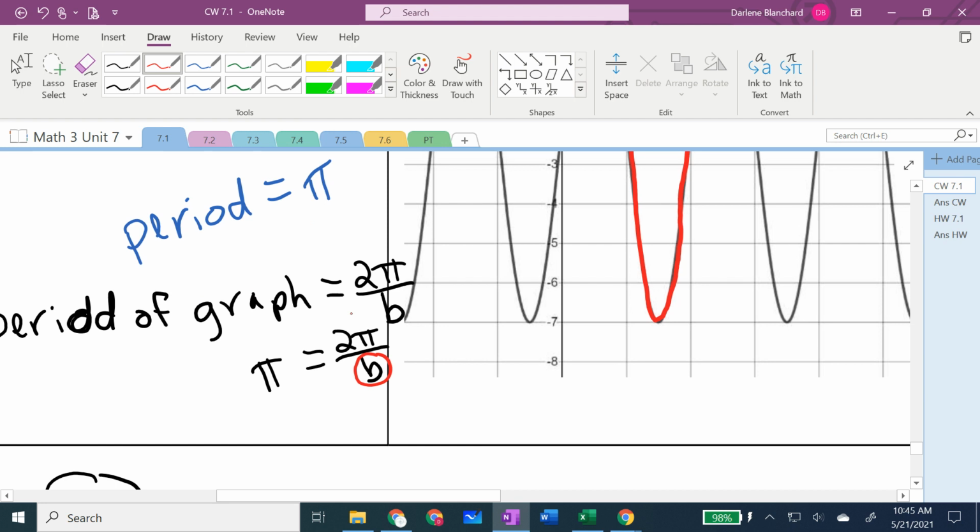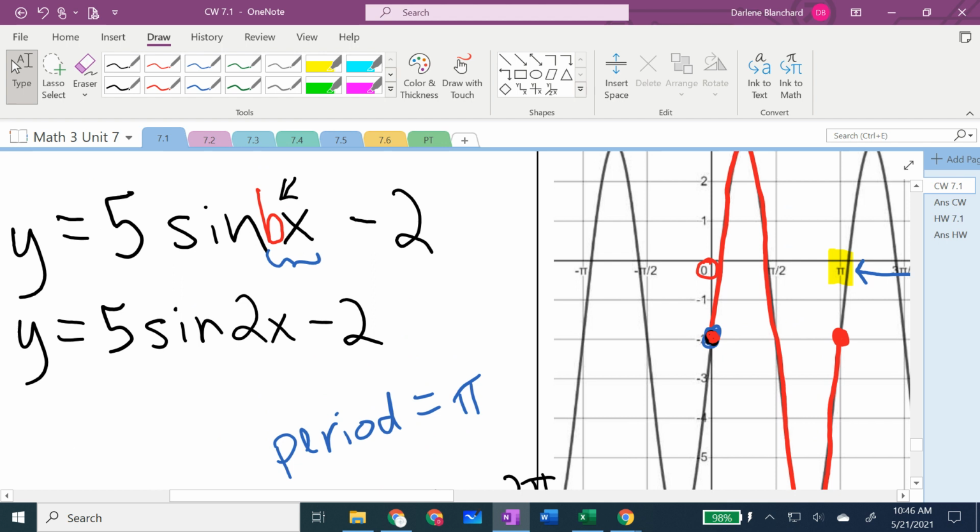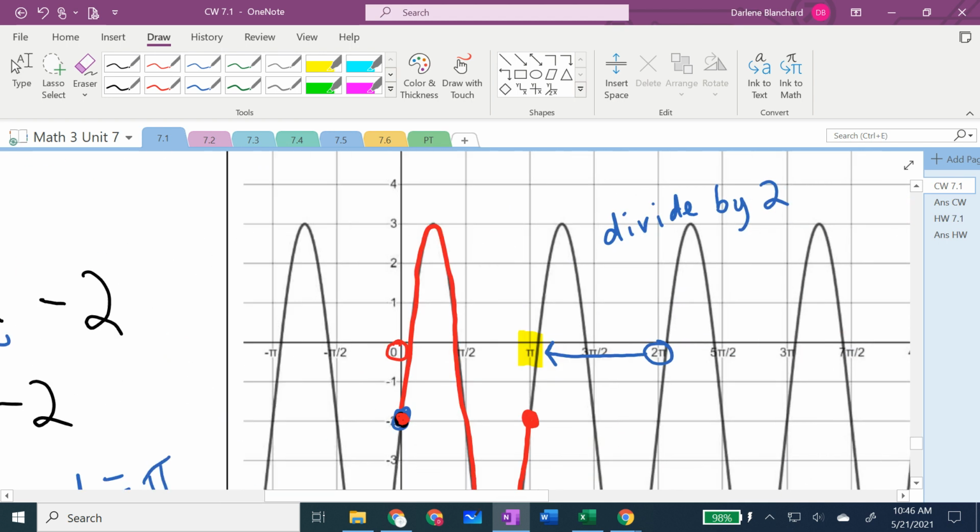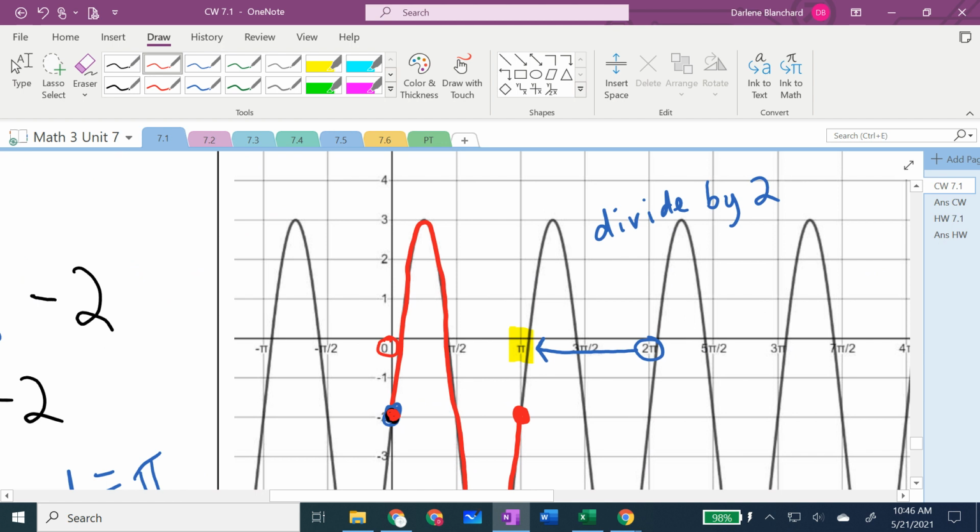So know that you can always set up this equation of whatever you get for the period of your graph, it's equal to 2 pi divided by b. When I was mentioning that you have to divide your normal cycle by 2, that means you see the opposite operation of divide.